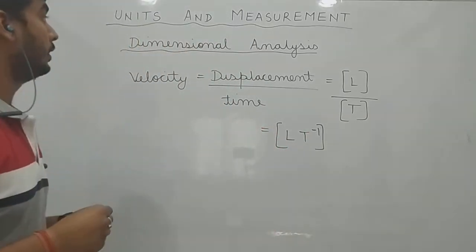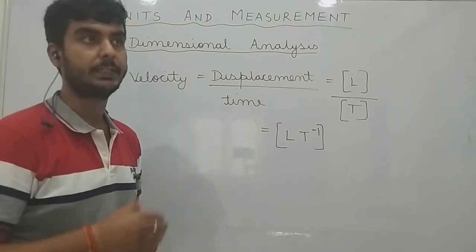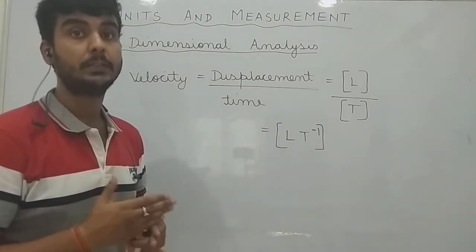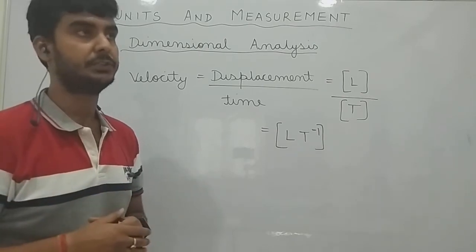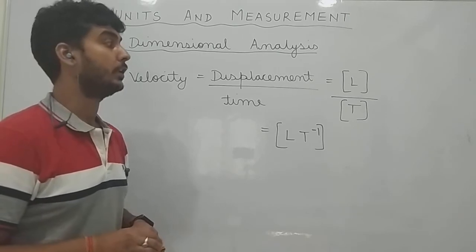So this is how the dimensions of derived quantities are written using the fundamental dimensions, that is, the 7 dimensions of those 7 fundamental quantities.